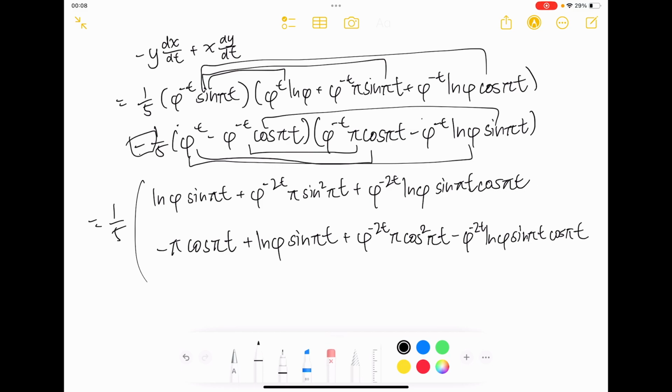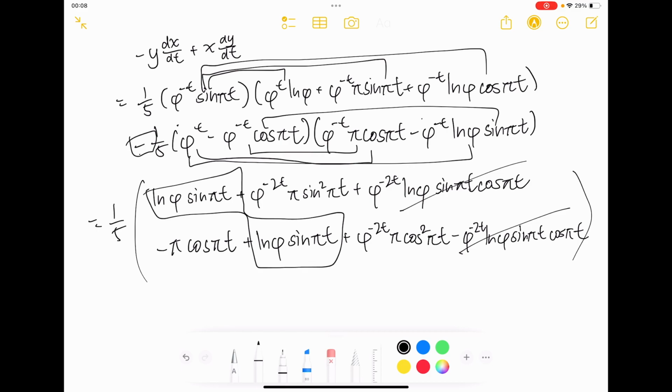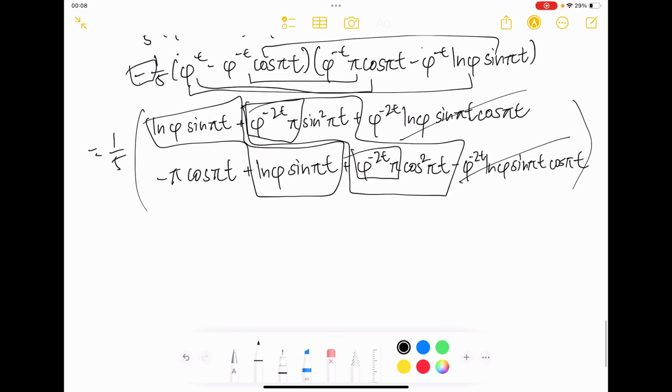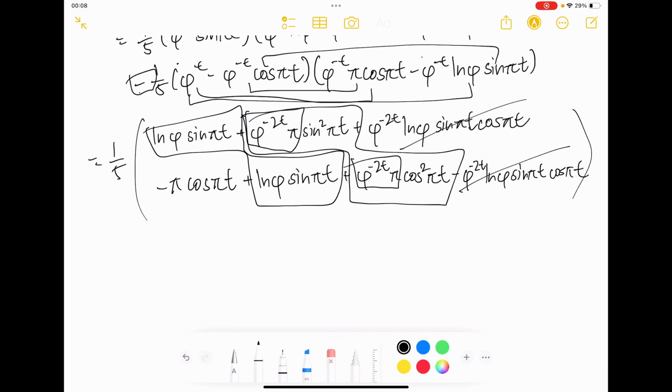But that's it. And we can cancel stuff out. So we've got two of these. And this is an interesting bit, because we can factor this out from both, and then we get a sine squared pi t plus a cosine squared pi t, which is just one.